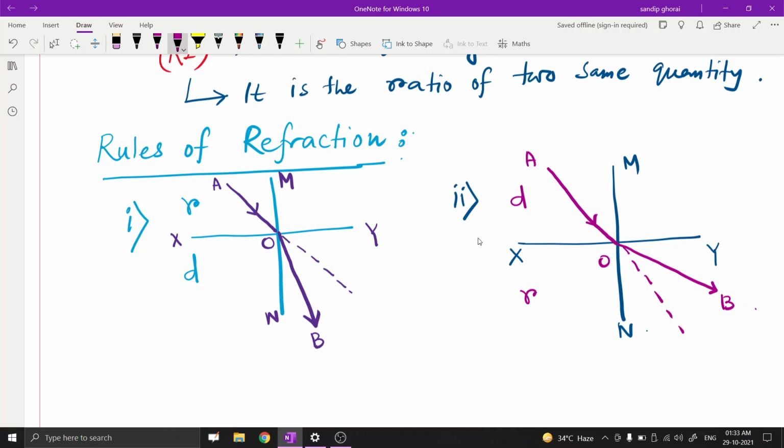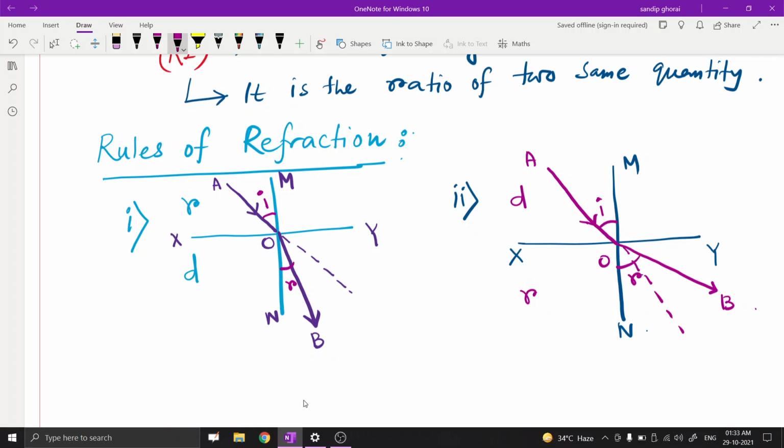From this figure we can easily say this is the angle of incidence and this is the angle of refraction, and here also this is the angle of incidence and this is the angle of refraction.